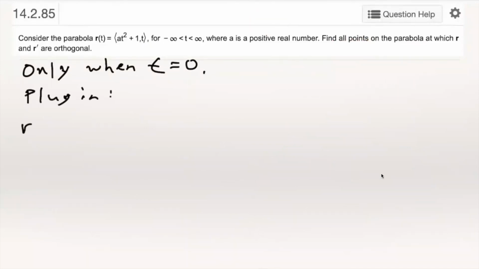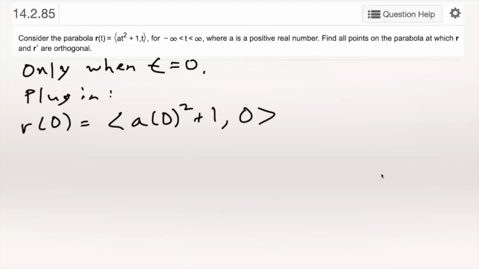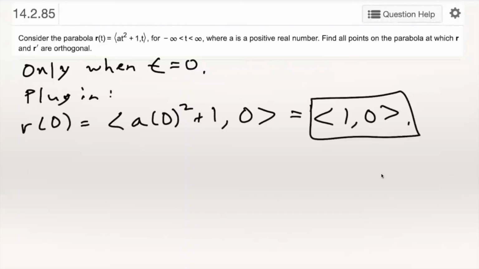So we have that r of 0, plugging in, we have 1, 0. Or regarded as a point, not a vector, that's 1, 0. That's it. That's the solution, just that one point.